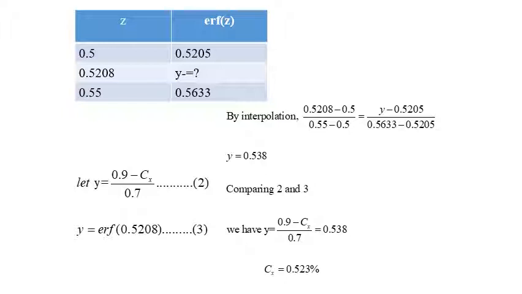So we have equation 2: y will be equal to 0.9 minus Cx divided by 0.7. So you get Cx equal to 0.523 percent. This step is very important, where you interpolate to calculate the y value.